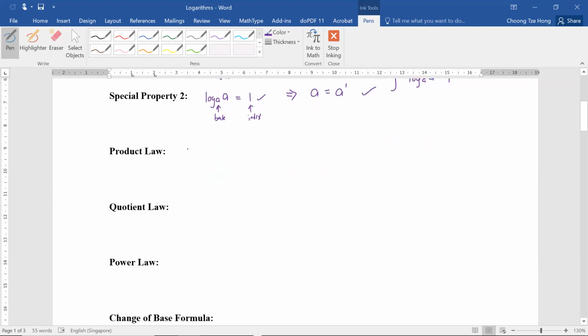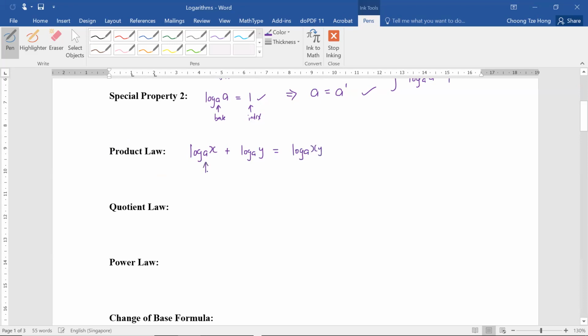Next, let's take a look at the laws of logarithm. The first one is known as the product law. If you have log base a of x plus log base a of y, if you combine it into a single logarithm, it will become log base a of xy.